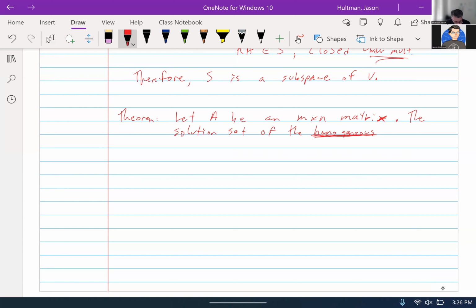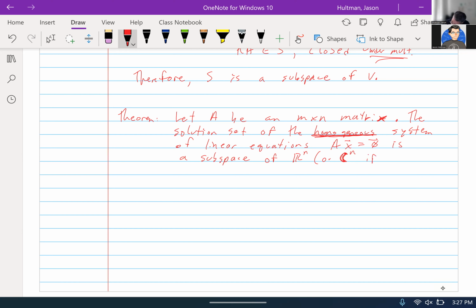So we let A be an m by n matrix. The solution set of the homogeneous system of linear equations AX equals the zero vector is a subspace of Rn, or Cn if complex.